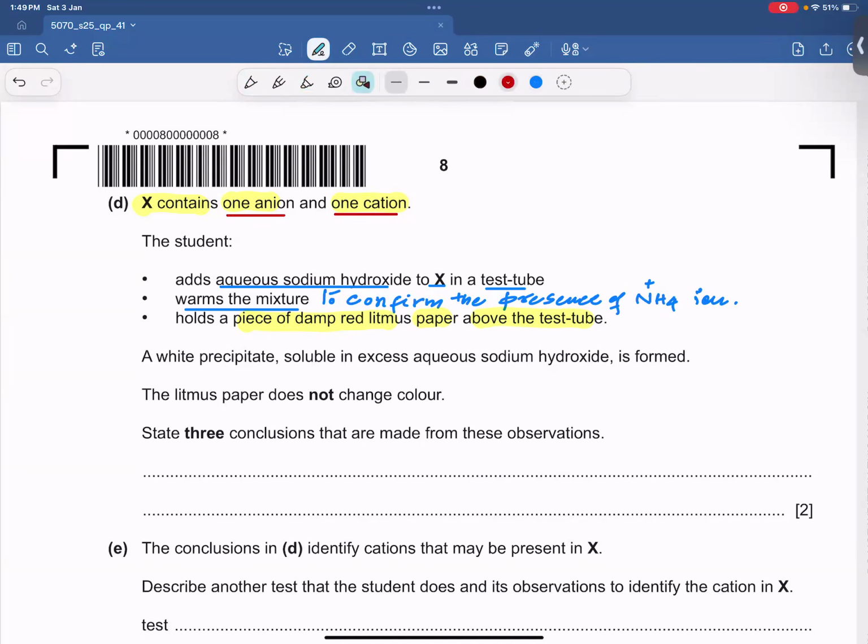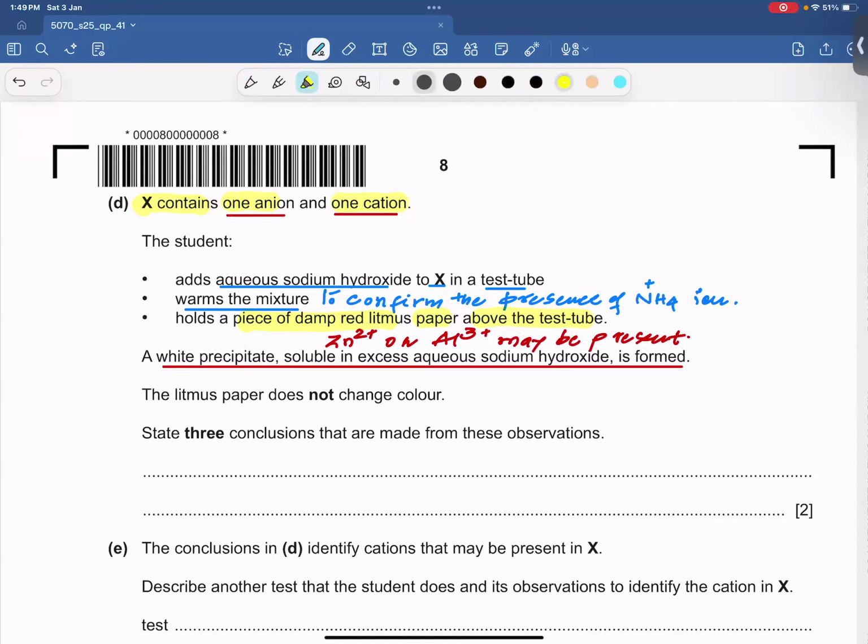First thing, a white precipitate soluble in excess aqueous NaOH is formed. This statement indicates that zinc ions or aluminum ions may be present, because zinc ions and aluminum ions give white precipitates with a few drops, and in excess aqueous NaOH the precipitates dissolve to give a colorless solution.